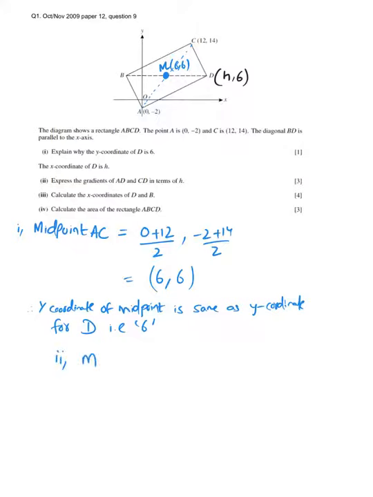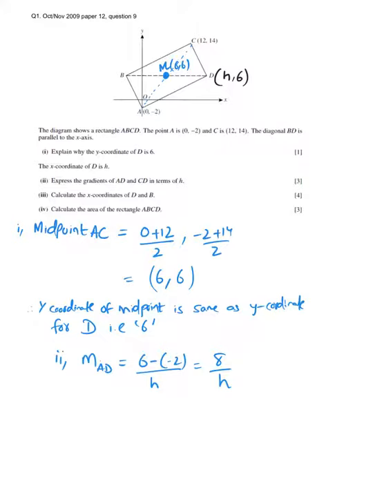Gradient of AD can be found by the gradient formula, which is (6 minus (-2)) over h, hence it's 8 over h. That's the gradient expression in terms of h for line AD.